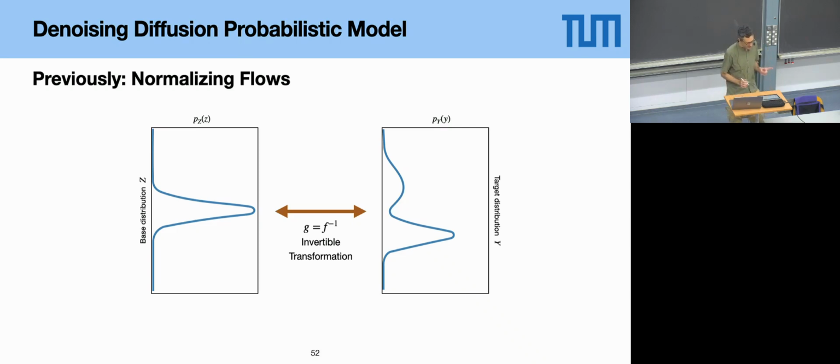Just as a reminder, for the normalizing flows, we actually stuck to a very rigid transformation between the distributions. So here on the left side, we have something like a Gaussian distribution, and on the right, a slightly more complicated target distribution.